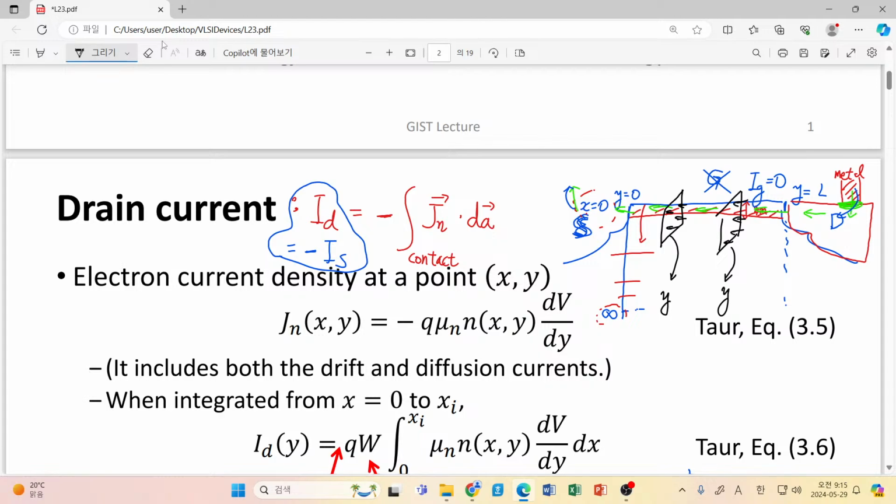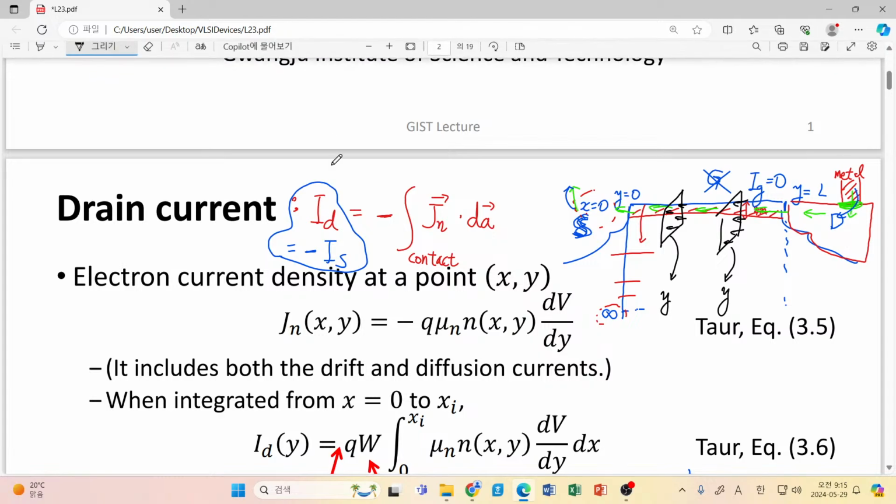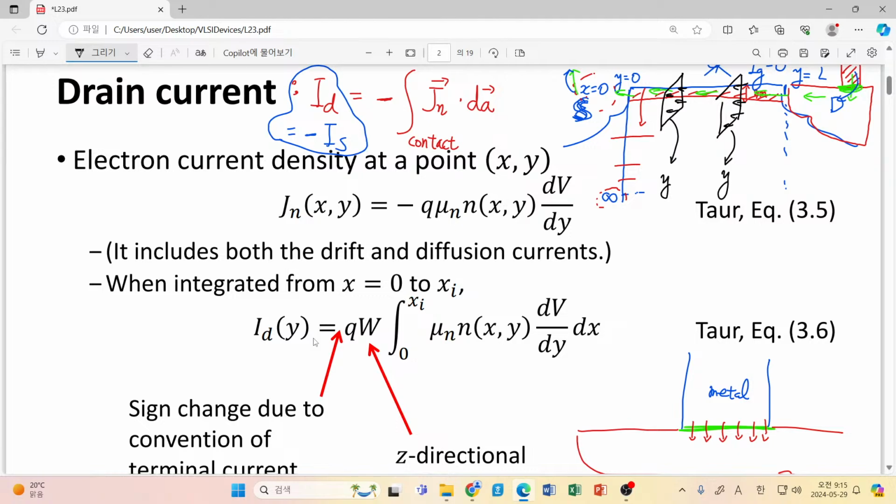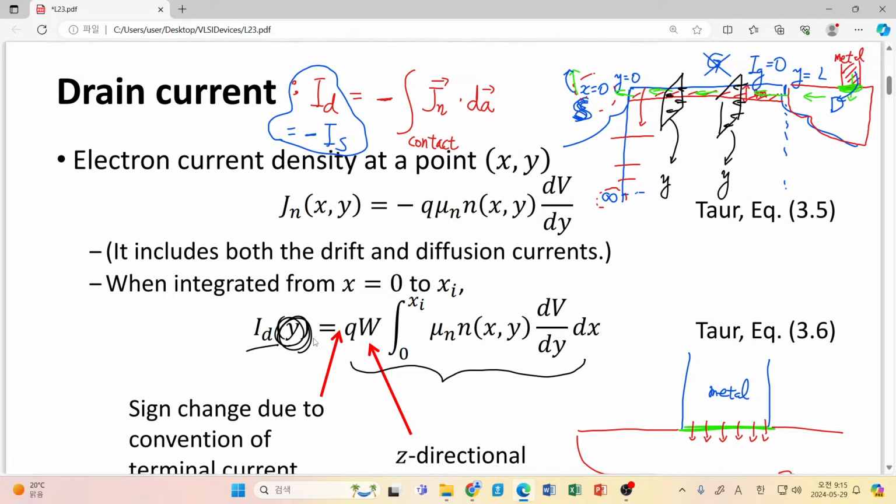So please have a look at this line. Here I make an integration of current density at a certain y position, and regardless of the value of y, its value should be the same. Why?